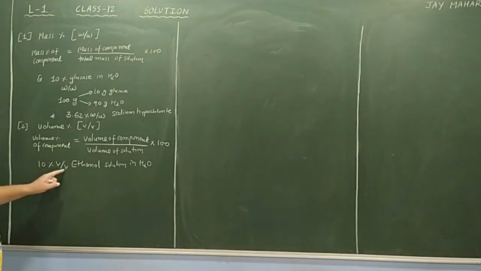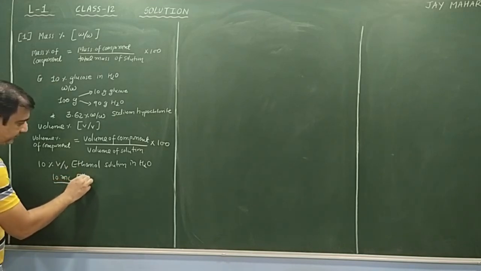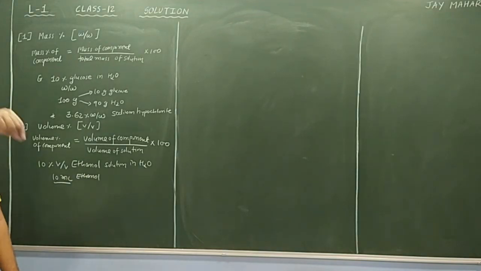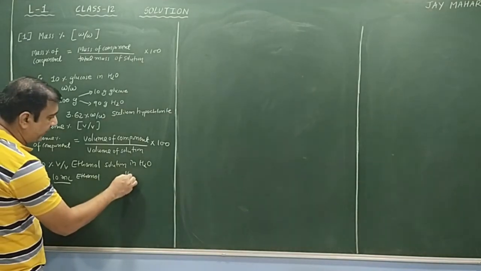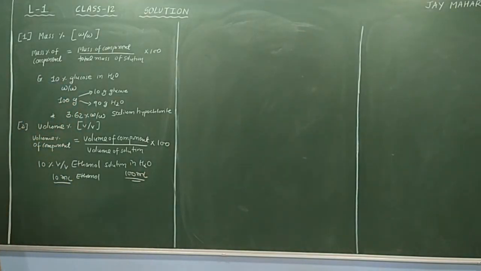So a 10% V by V ethanol solution means 10 ml ethanol is taken and water is added so that the solution becomes 100 ml. That means in 100 ml solution, 10 ml ethanol and 90 ml water are present.